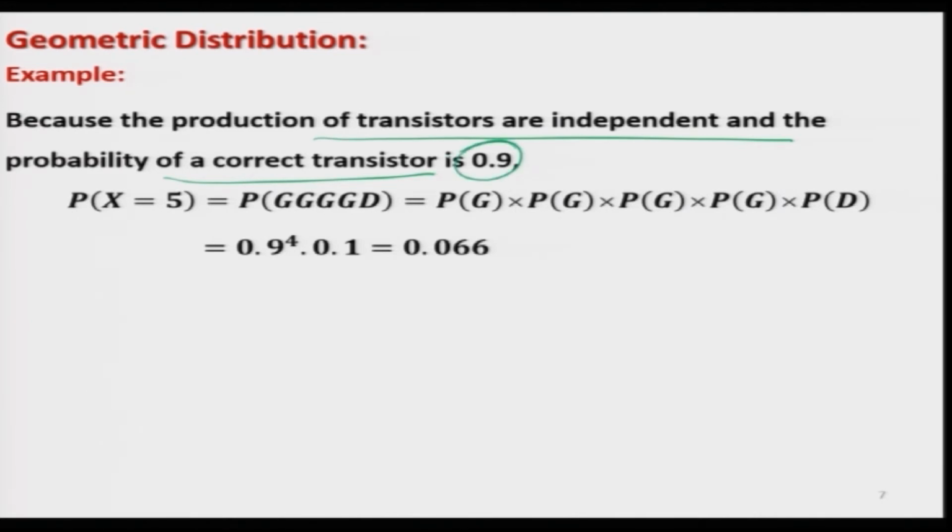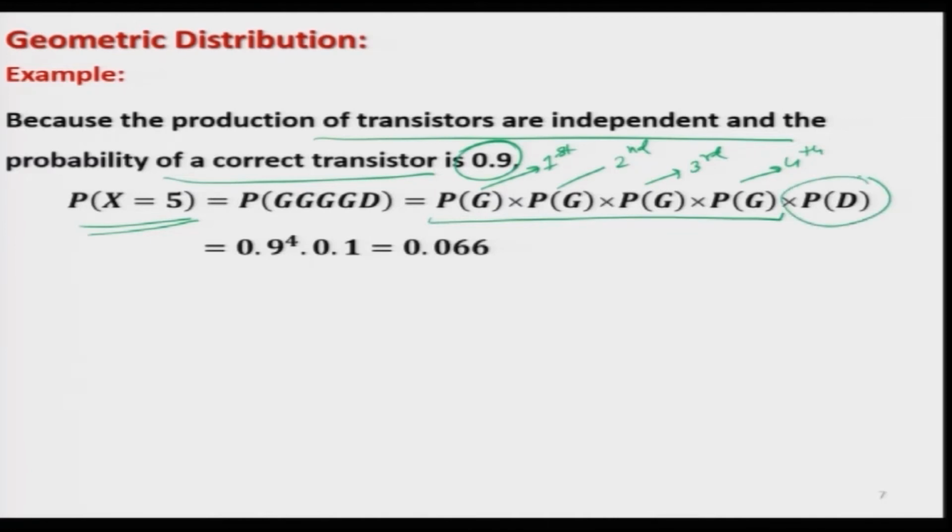If you want to know the probability of X equal to 5, that means you are getting the first defective transistor in the fifth draw. The first 4 draws are independent, and they have probability P(G) × P(G) × P(G) × P(G), where the first probability is for the first transistor, the second for the second transistor, the third for the third transistor, the fourth for the fourth transistor, and the fifth is the probability of the fifth transistor that we want.